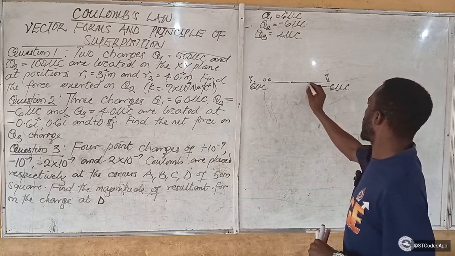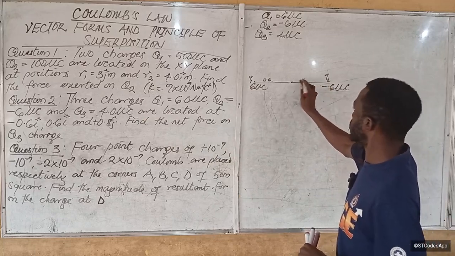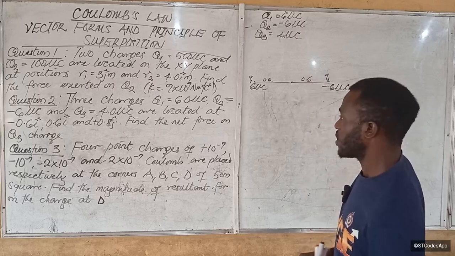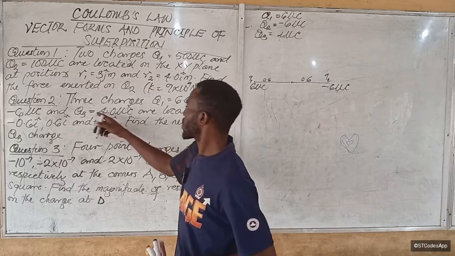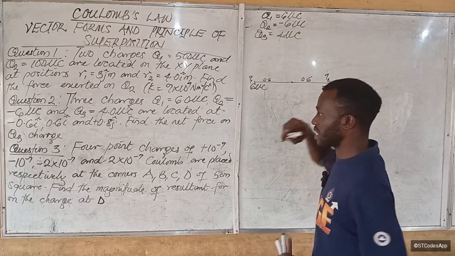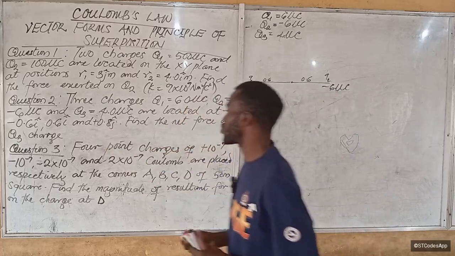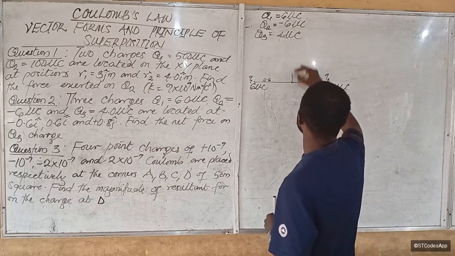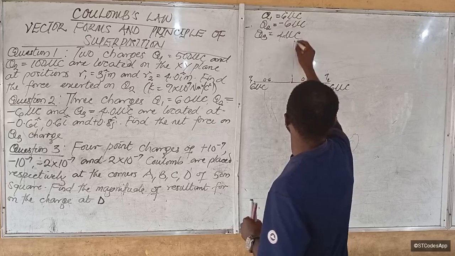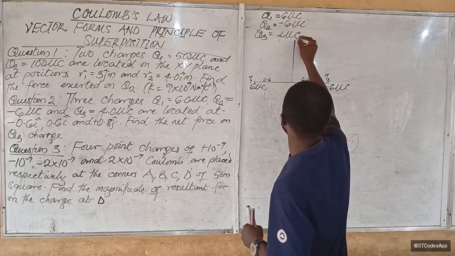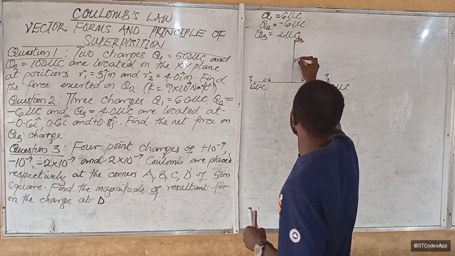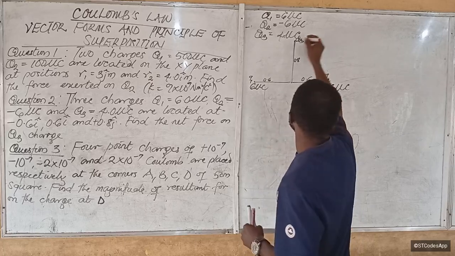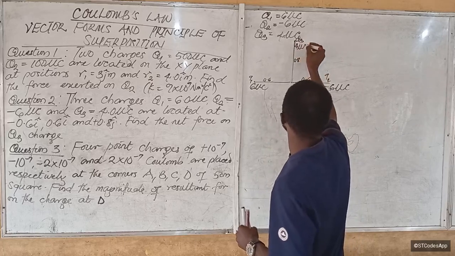This is Q2, at 0.6. Then Q3 is located at plus 0.8j. That's up from the origin. So this will be Q3 at 0.8, and the magnitude is 4 microcoulomb.